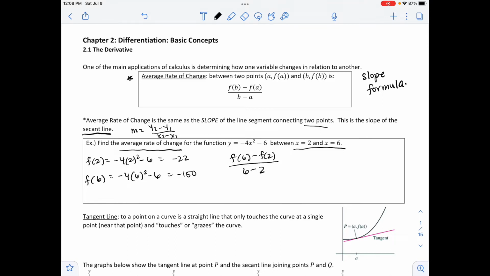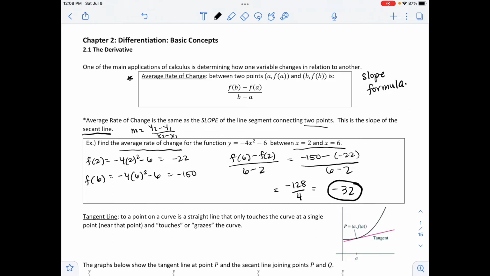And so we have f(6) is equal to negative 150 minus f(2), which is negative 22, all over 6 minus 2. Continuing this on, we get negative 128 all over 4, which equals negative 32. And so this would be our average rate of change.